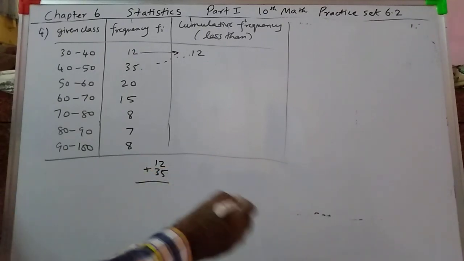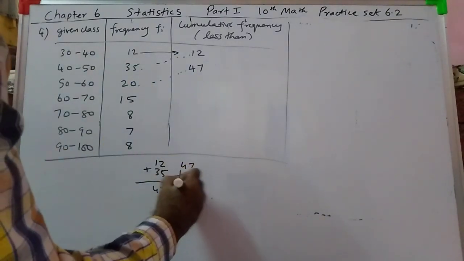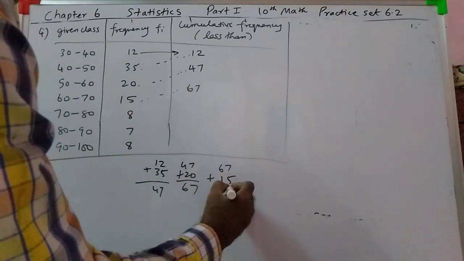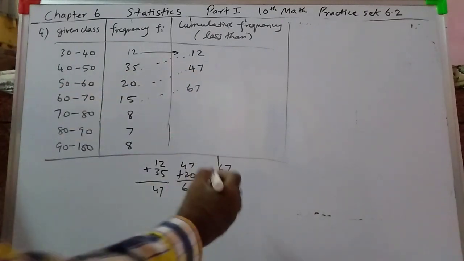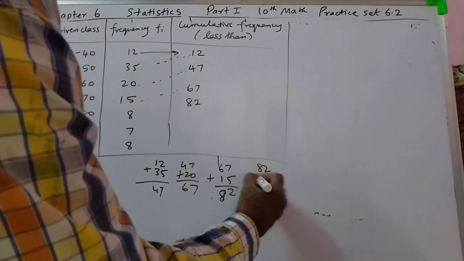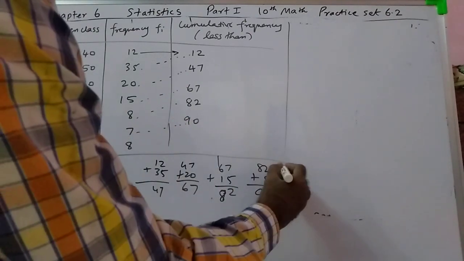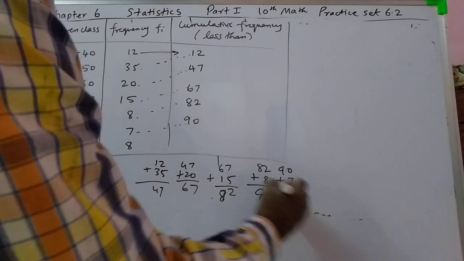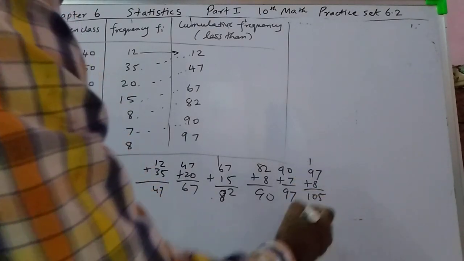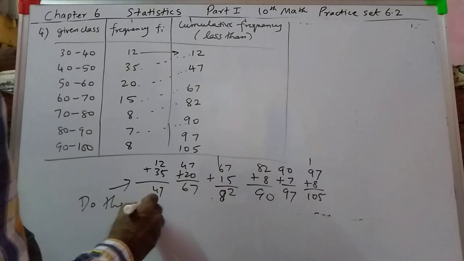So it will be 35 plus 12, that is 47. 47 plus 20, 67. 67 plus 15, 82. 82 plus 8, 90. 90 plus 7, 97. 97 plus 8. So I got 105. Do this in rough, okay?